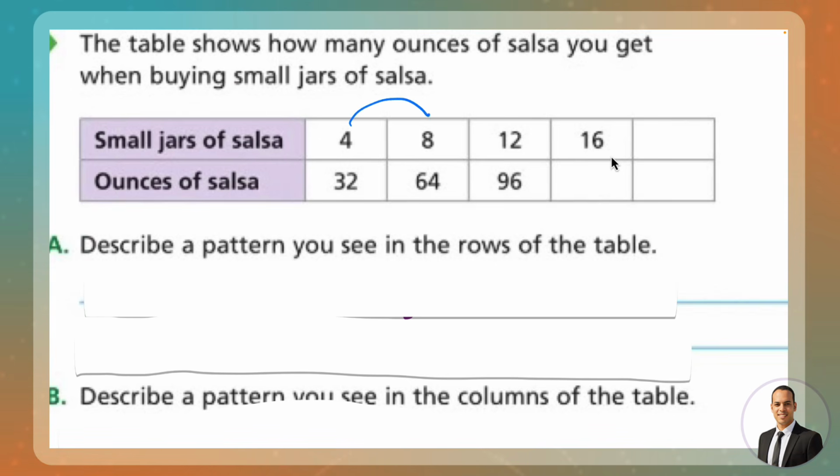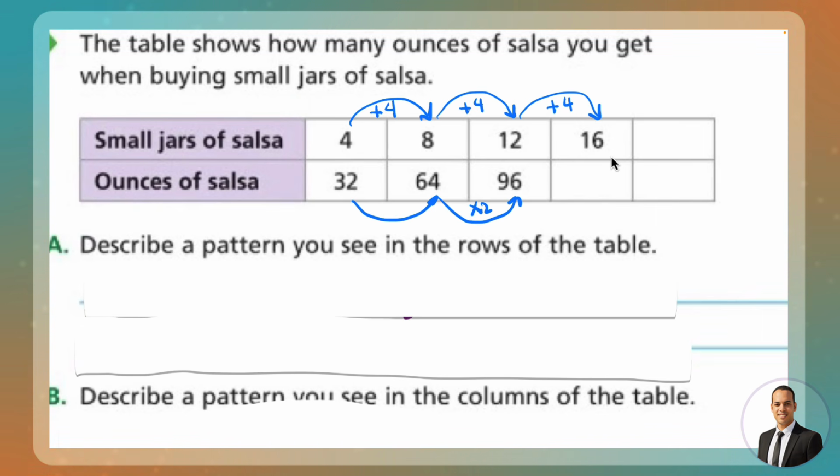So 4 became 8, became 12, became 16. It's like every time we are adding 4. And for the ounces of salsa, it's 32 became 64 became 96. So we are adding 32. If you said multiply by 2, it may be correct for the first one, but it doesn't work on the second one. 32 times 2 is 64, but if you take 64 and multiply it by 2, it is not 96.